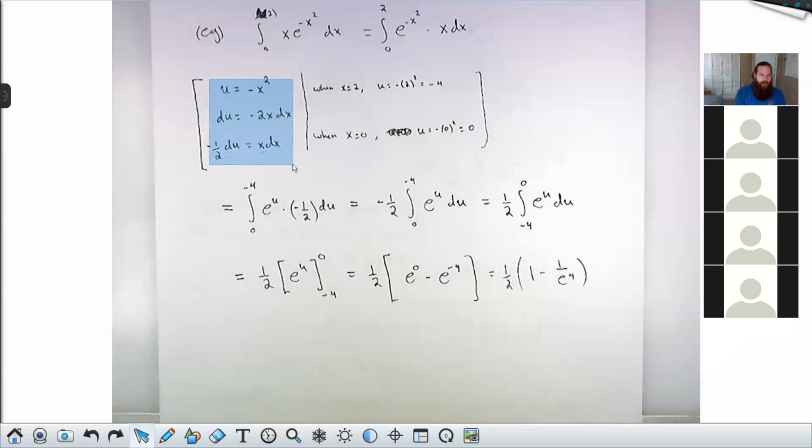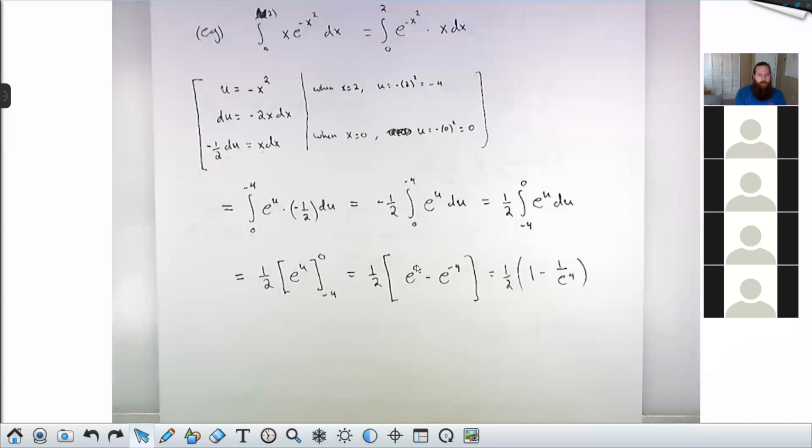Here I solved for x dx because that's what I had floating in my integral. This is sort of halfway between that mixing variable stuff that you shouldn't do. Here I don't end up mixing any variables because I didn't solve for dx. We always do it in that order. So it's always plug this in, then subtract what you get when you plug this in. Always upper minus lower.